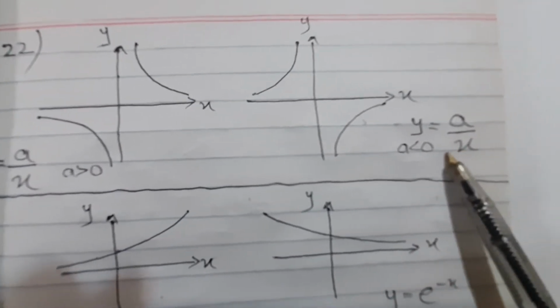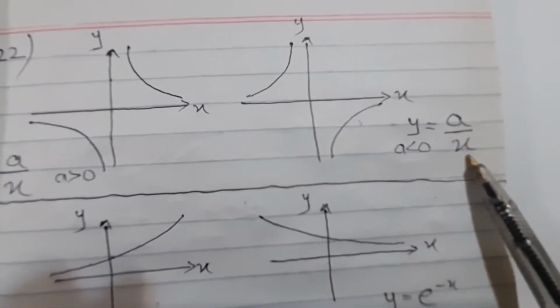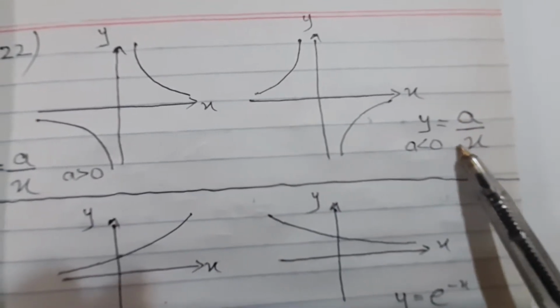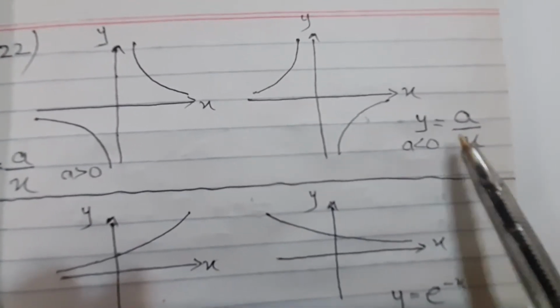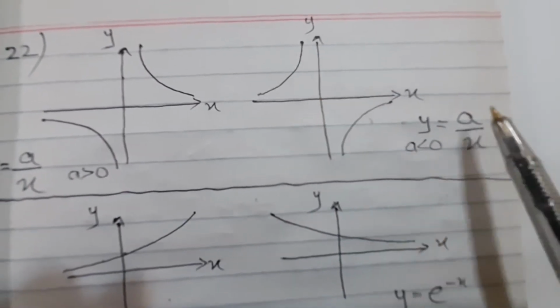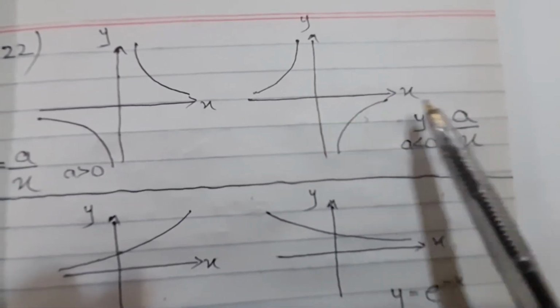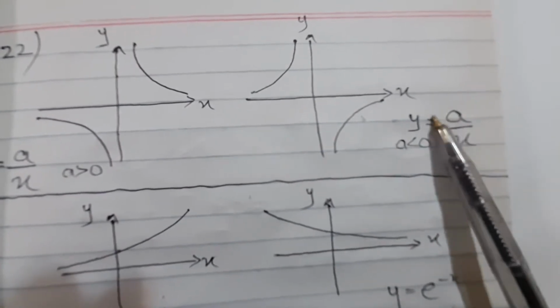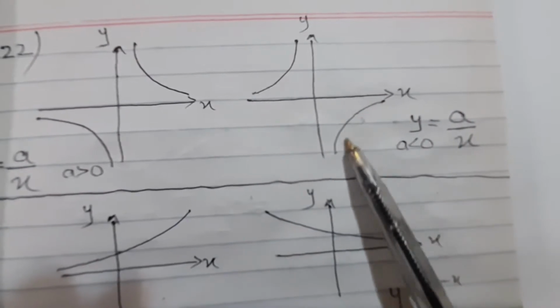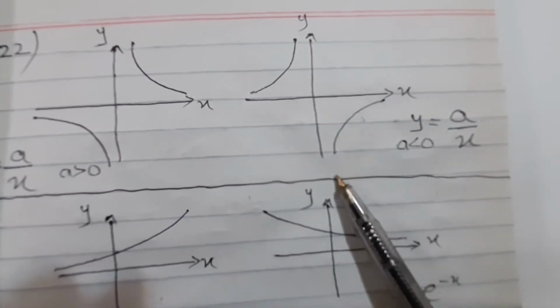So if your equation is a over x and a is negative, when your x is positive, you're talking about this side. Here x is positive and a is negative, so the overall answer will be negative, so the values of y will be negative. It means the graph will be like this, a curvy graph.